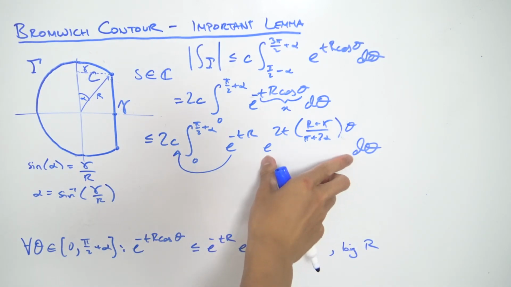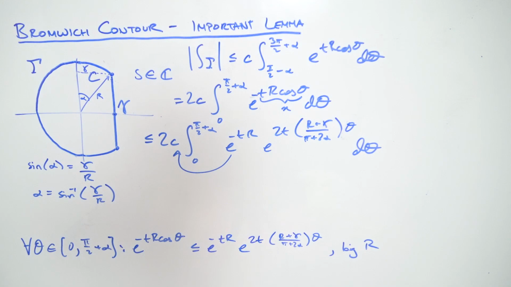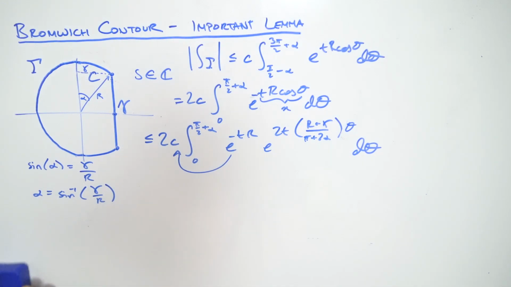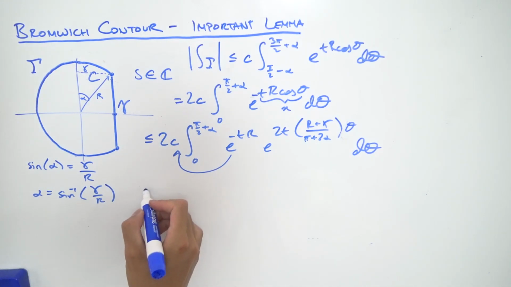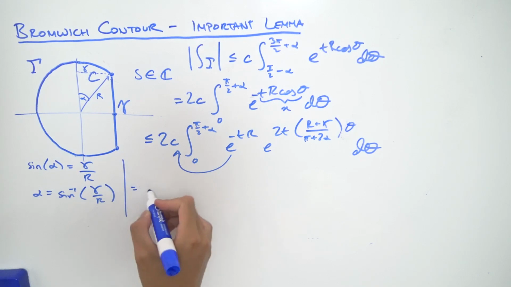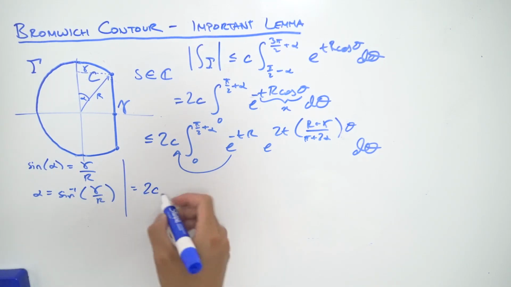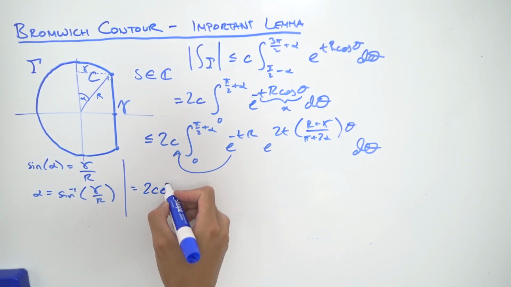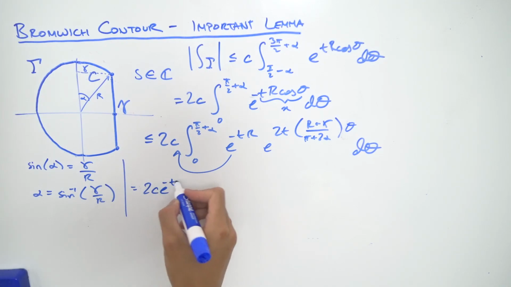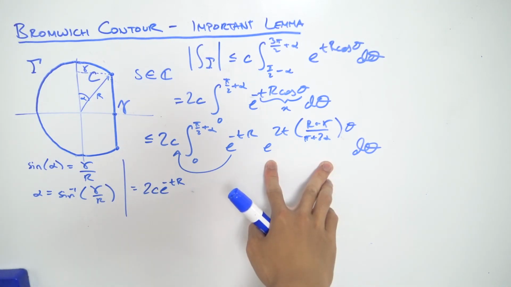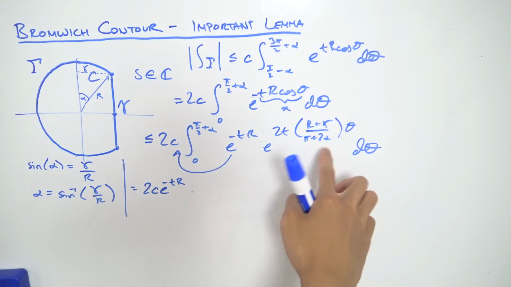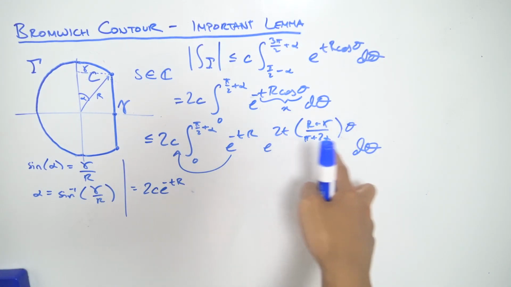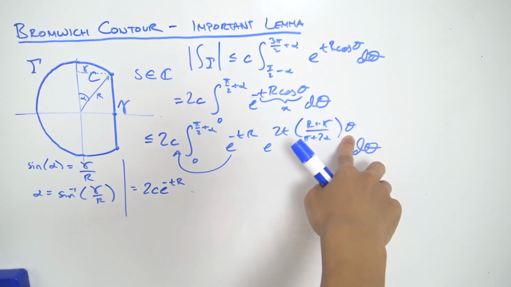But notice this integrand that we currently have, that's quite easy to evaluate, even though it looks like a complete mess, but it's just the standard exponential function. So let's go ahead and evaluate that. That's going to be equal to 2c, and we're going to bring this constant out to the front, so that's 2c e to the minus t times r. And in order to find an antiderivative for this, well, notice this is e to some kind of linear function of theta.